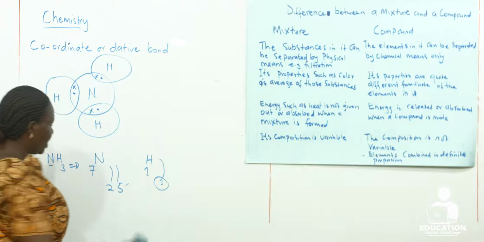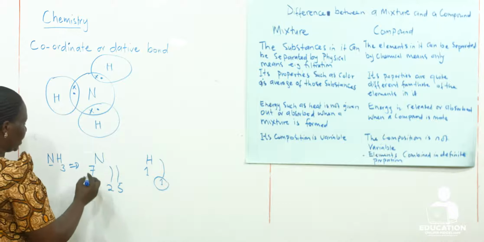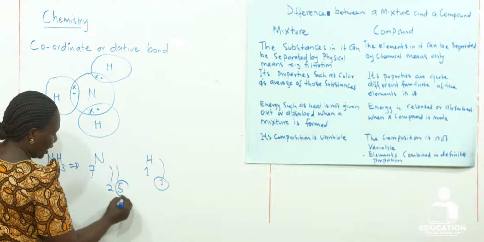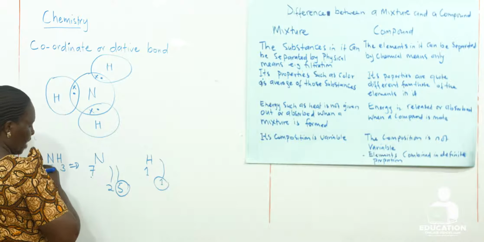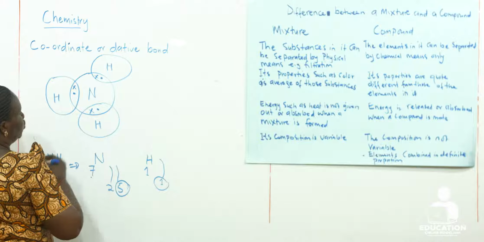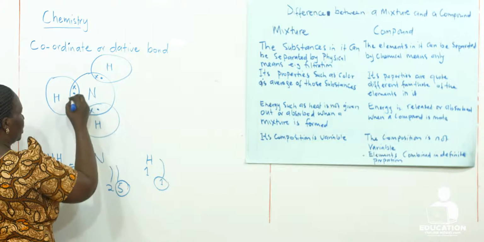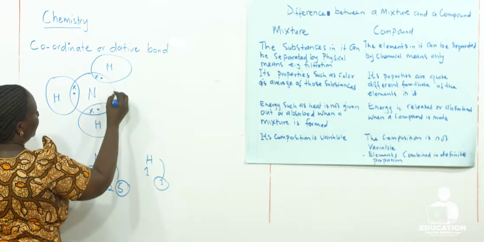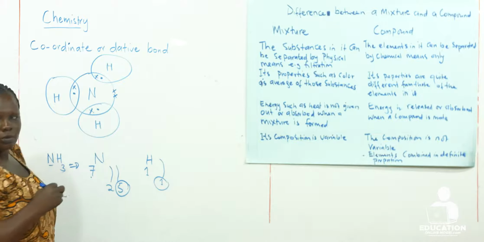The electronic configuration is 2, 5, not 2, 3. So the atomic number is 7 and the electronic configuration is 2, 5. That is, the electrons in the outermost energy level is 5. So nitrogen will contribute 3 electrons to be shared by the 3 hydrogen atoms, and then nitrogen will have a lone pair of 2 electrons.